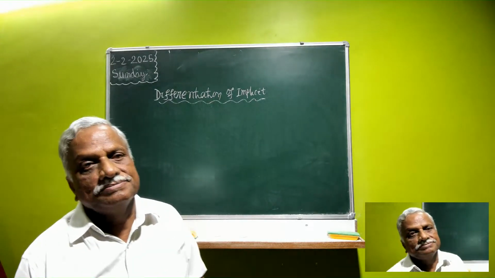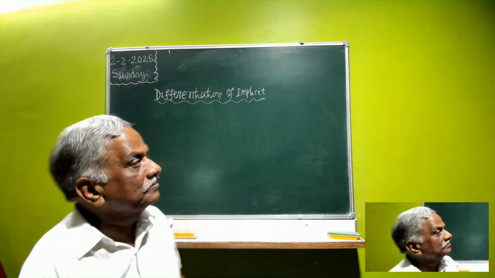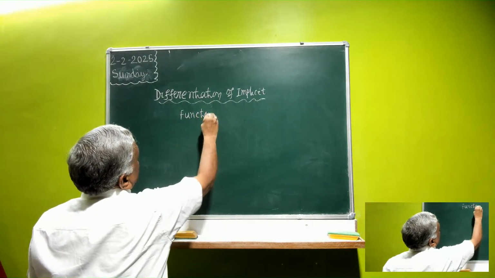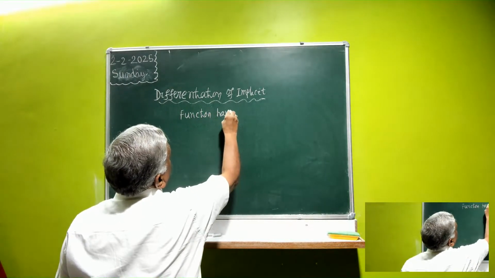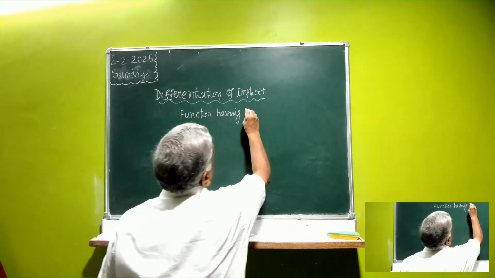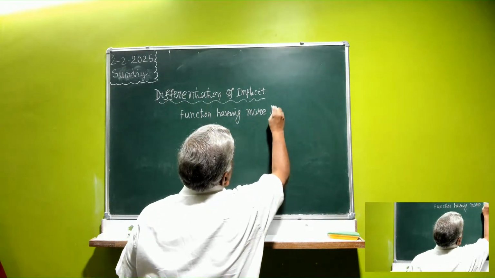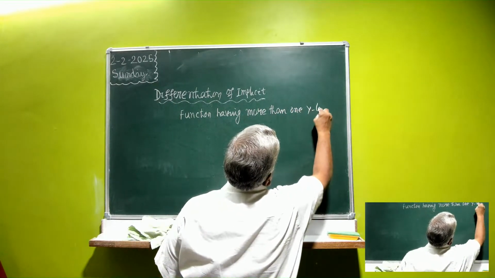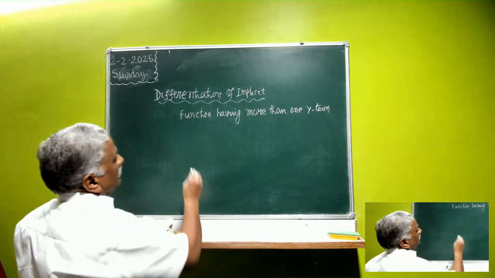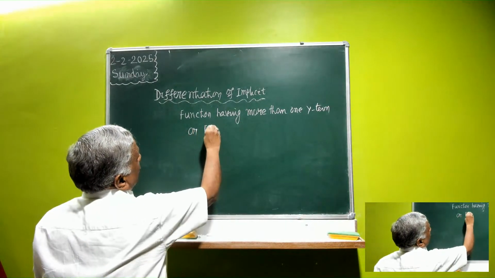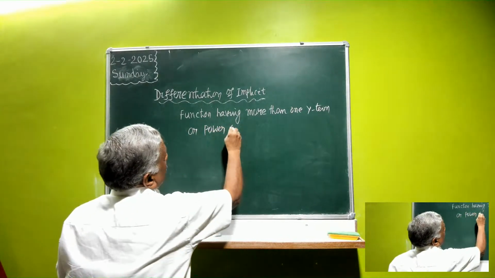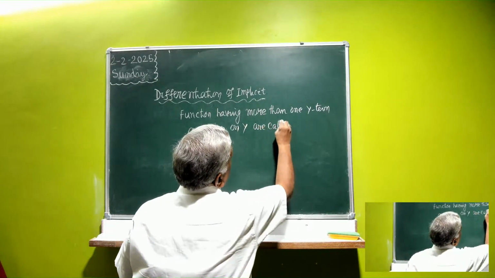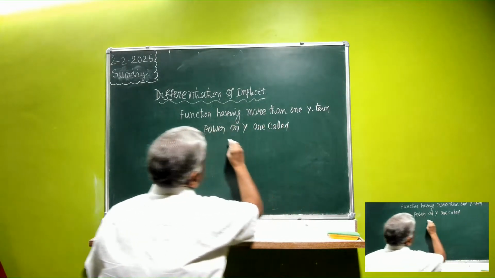What are implicit functions? In simple terms, functions having more than one y term or power on y are called implicit functions.